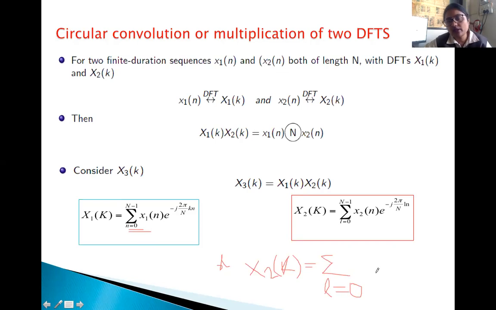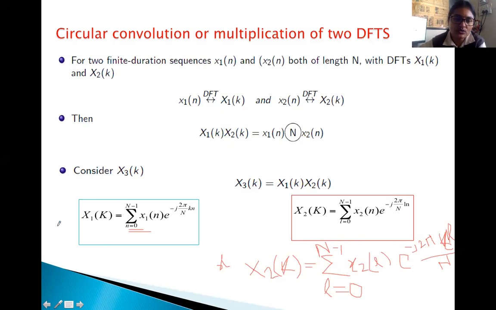L varies from 0 to N minus 1, because the total number of samples present in the sequence is N. The input sequence is x2 of L multiplied by e raised to minus j 2 pi k L divided by capital N. So this is the second sequence, x2 of k.